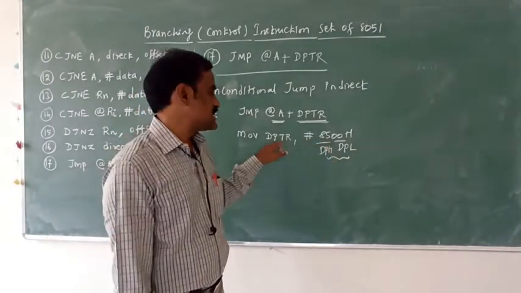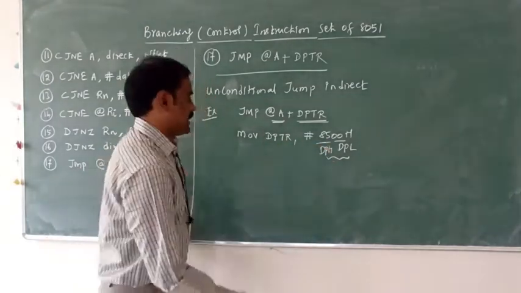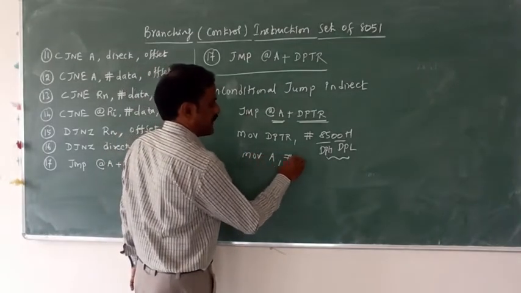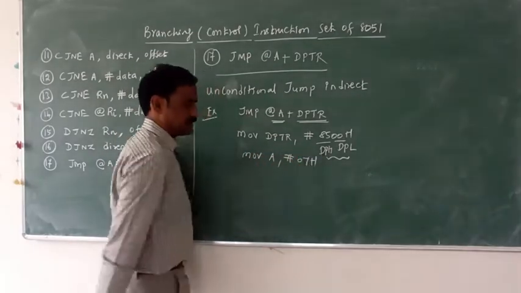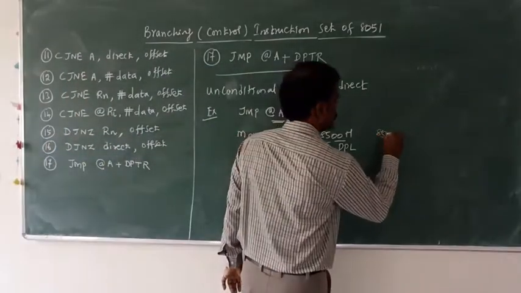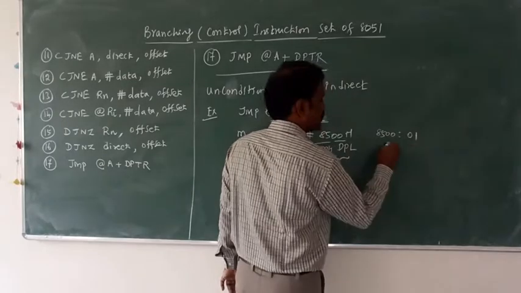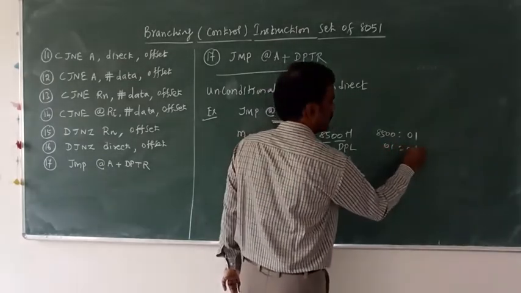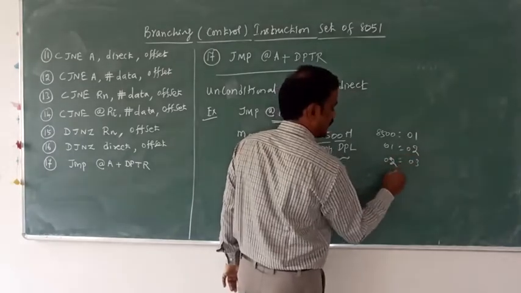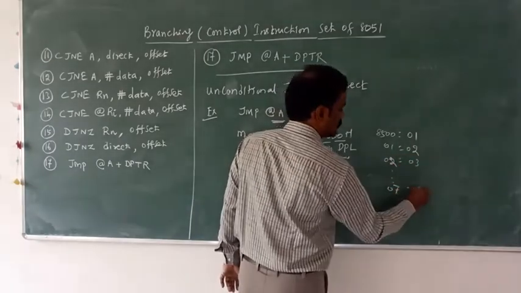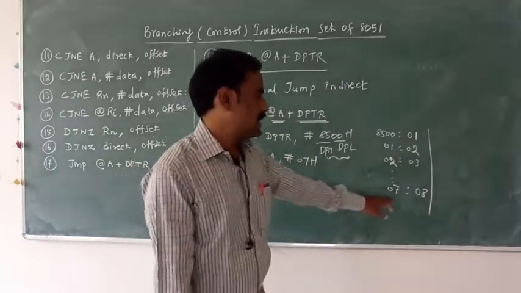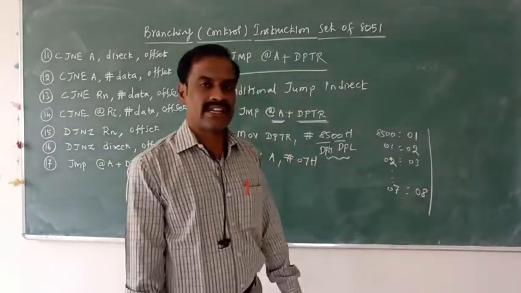It will be initialized in the data pointer, and then MOV A, #07H. Here in 8500 some data will be available: 01, then 02, 03, like that up to 07, data 08. This data will be loaded into that particular memory address location.